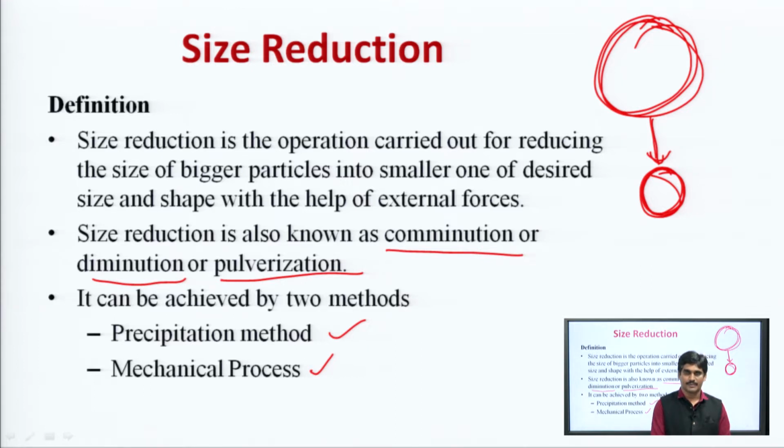In the precipitation method, a solvent is used along with some solute material immersed in it, and after that a second solvent is added into that first solvent mixture, so that by addition of the second solvent, the solid particles get precipitated into the liquid.